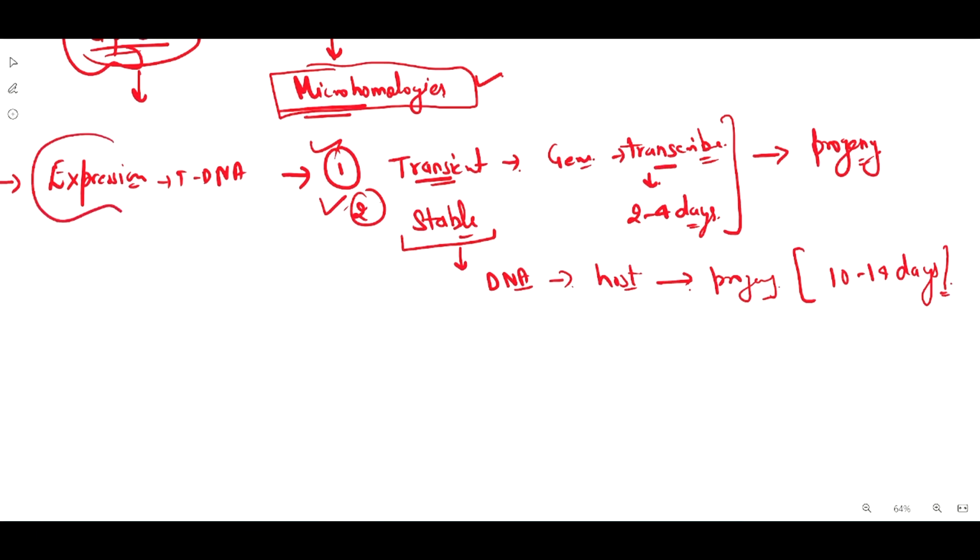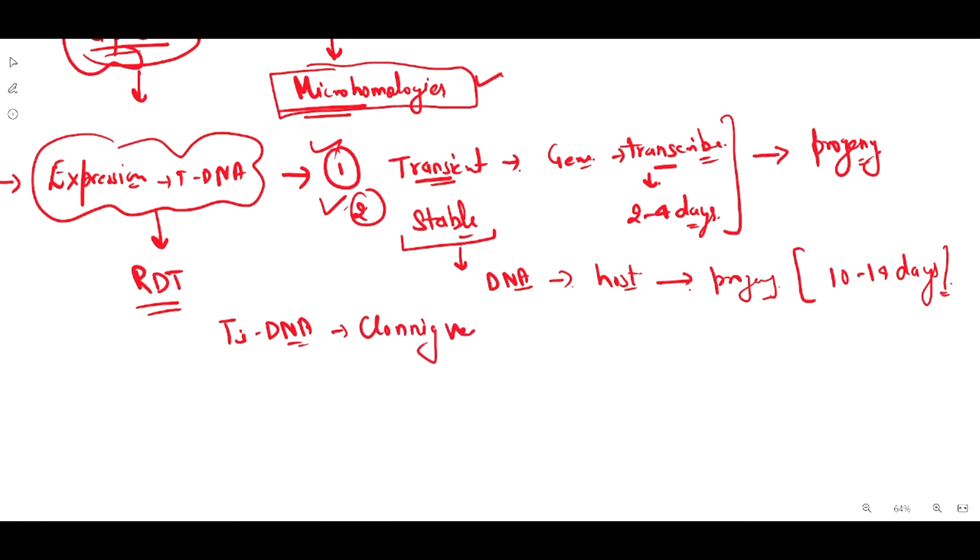Now, this expression of T-DNA is important in recombinant DNA technology, because T-DNA is used as a potential cloning vector, in which some part of the T-DNA is disarmed, majorly the auxin and cytokinin expressing part, which, as we know, is responsible for tumor induction.